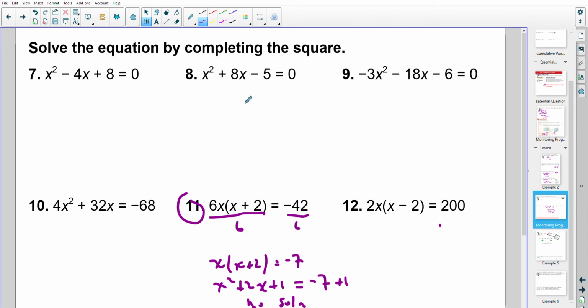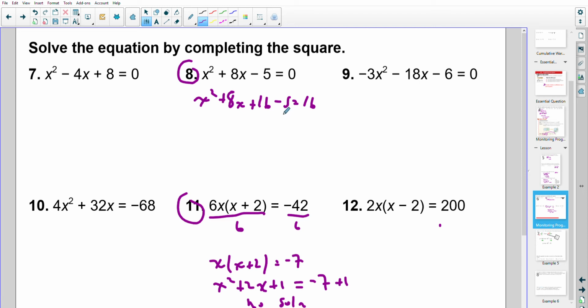Okay, so one more time, we'll just do one more problem, number 8, x squared plus 8x. Dividing by 2 is 4, squaring it is 16, minus 5 plus 16.